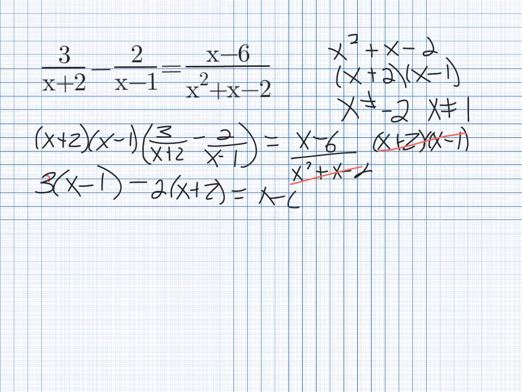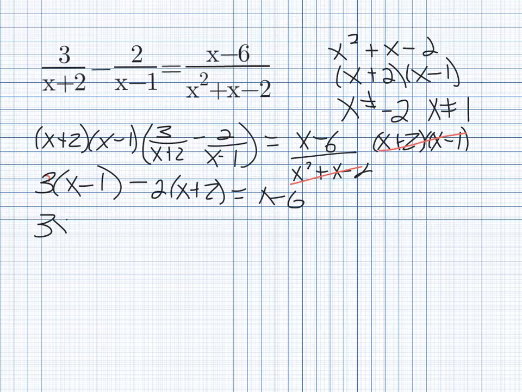So we are now left with the equation 3 times the quantity x minus 1 subtract 2 times the quantity x plus 2 is equal to x subtract 6. We still have parentheses, so that means we need to distribute again to clear the parentheses from the problem.